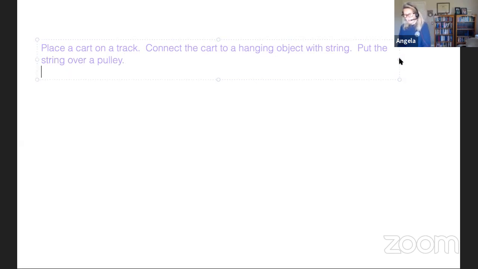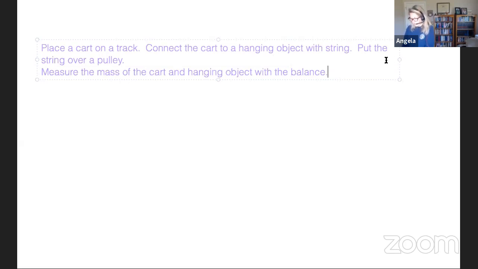Okay. What do we want to do? Measure. Make sure you say what you're going to measure and with what. Measure the mass of the cart and hanging object with the balance. We're not just saying what we're going to measure; we're going to say what we're going to measure it with, what equipment we're using. So measure mass of the cart. I'm going to put M1 just to make sure.